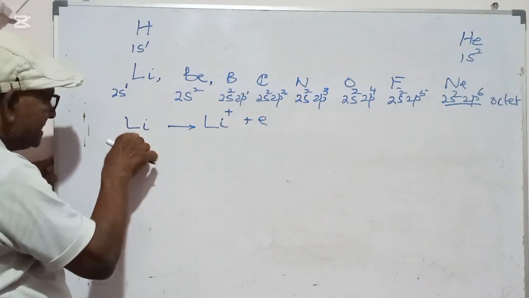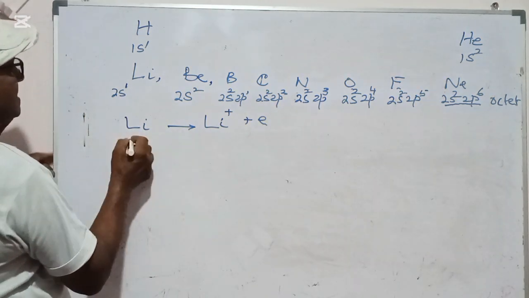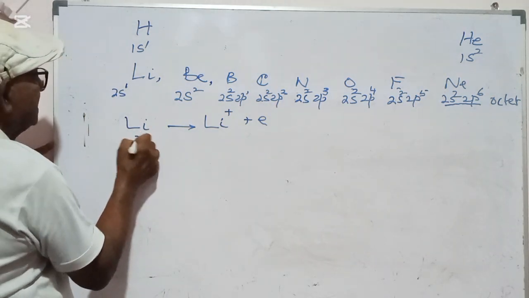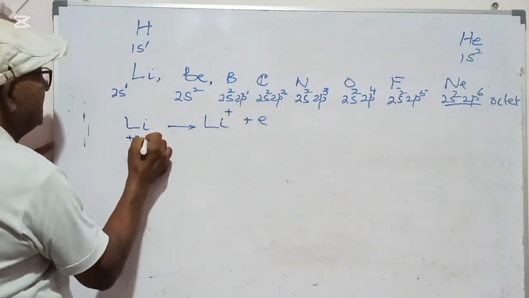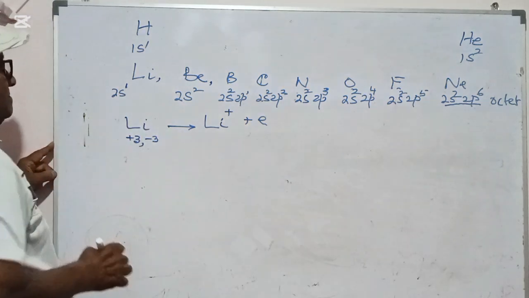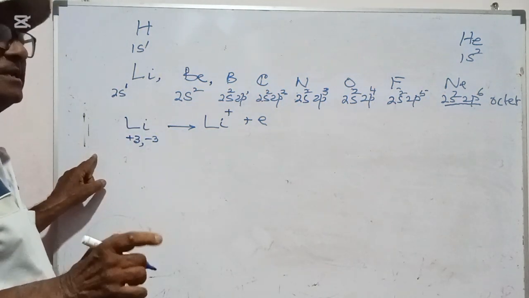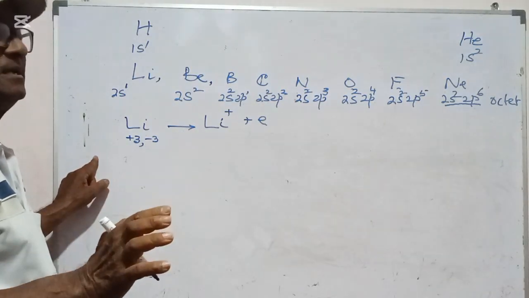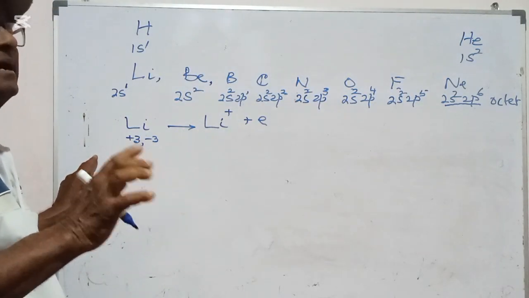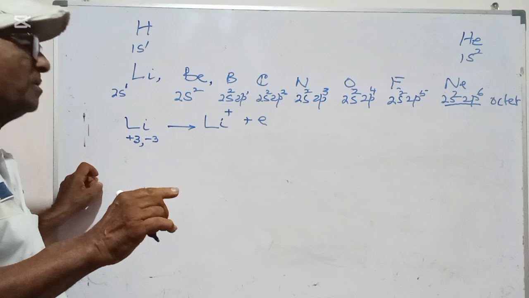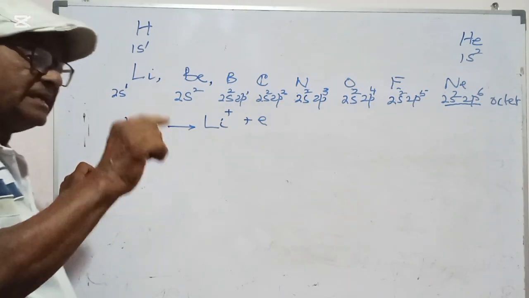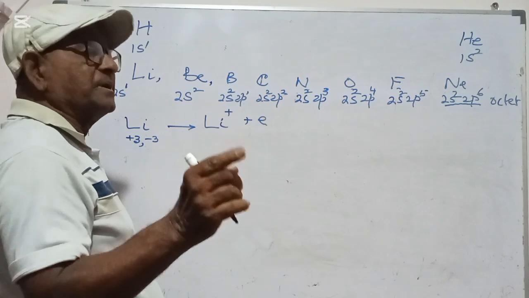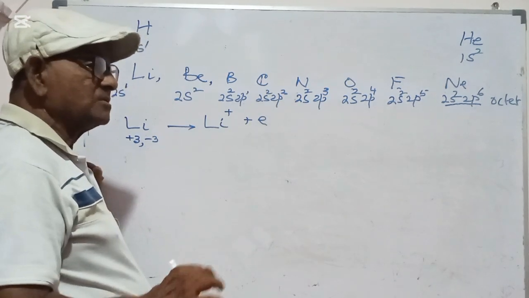The atom of lithium has 3 protons and 3 electrons. You know that all the elements are neutral, because all the elements have an equal number of protons, positive charges, and an equal number of electrons, negative charges. So they are neutral.